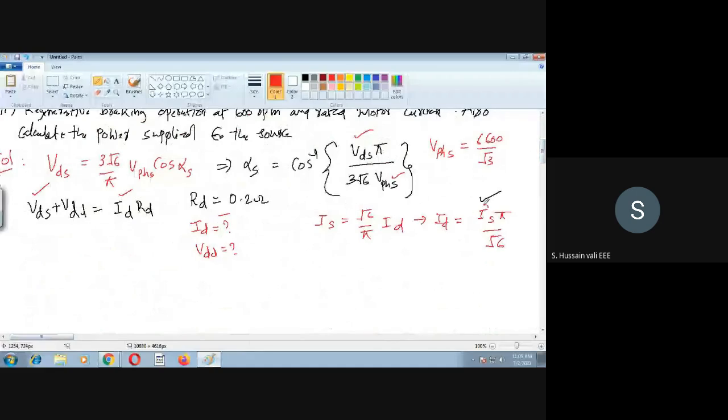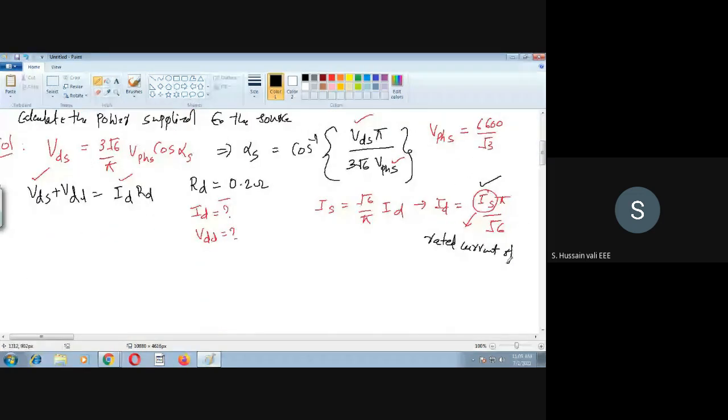Okay. IS here, in this particular problem, is the rated current. Okay, IS is the rated current because the question is rated current. Which rated current? Rated current of synchronous motor. That's important. Now to find out ID, I need to find out the rated current of synchronous motor.